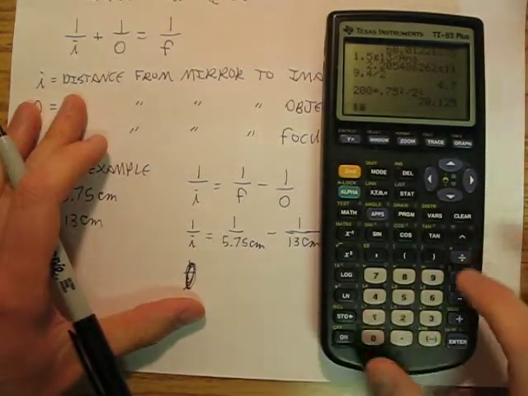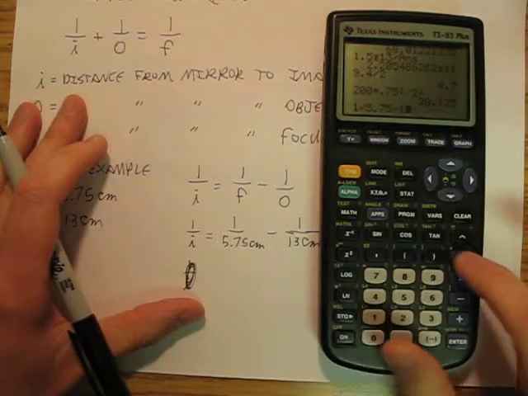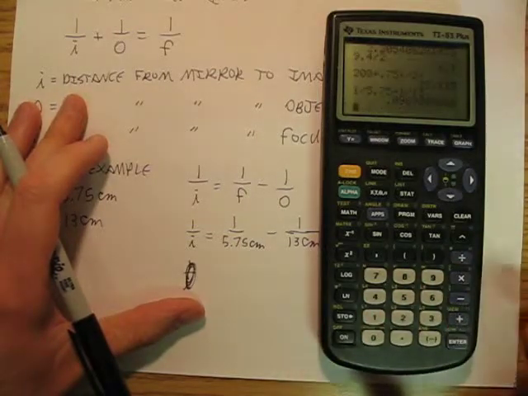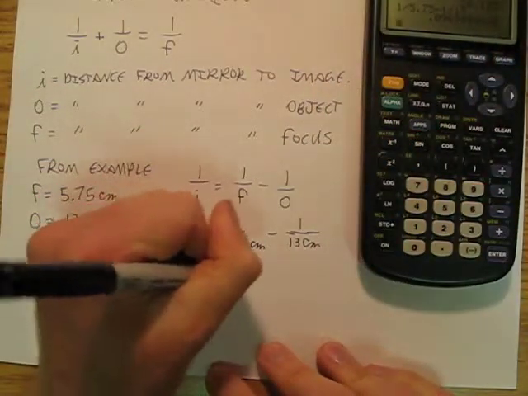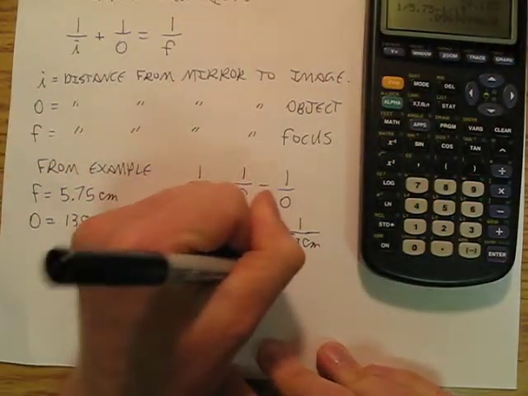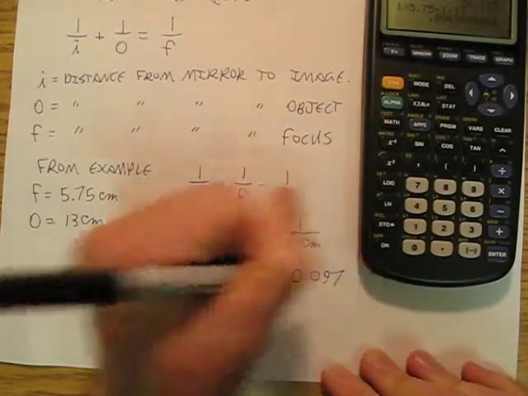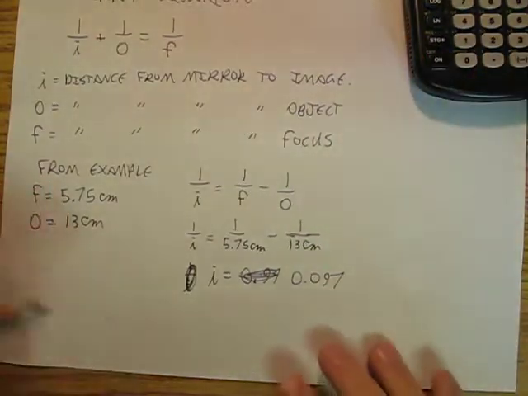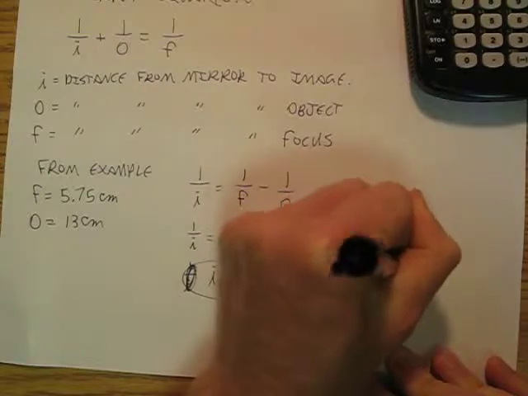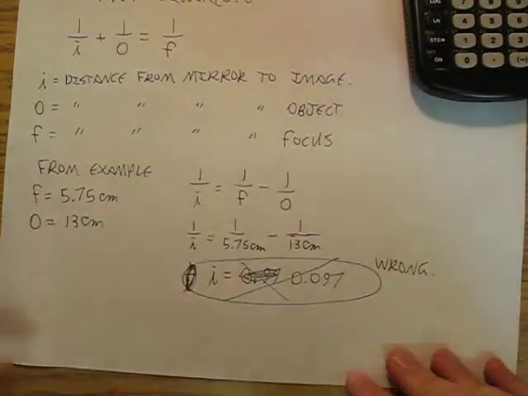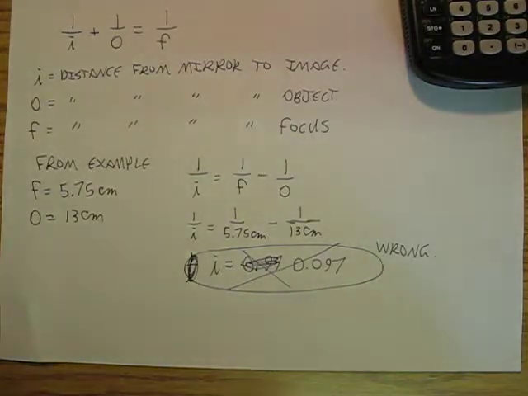I get 1 divided by 5.75 minus 1 divided by 13, and I get I equals 0.97, or 0.097. Okay? That's wrong. This is something people do all the time. I'm showing it to you because it's something people do all the time.